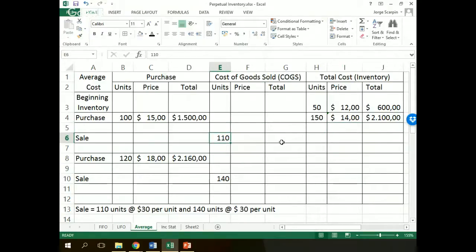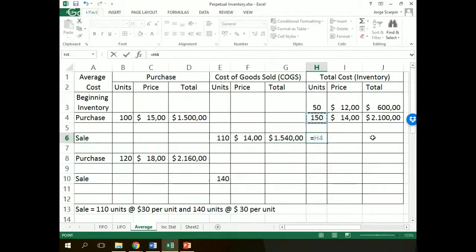Sale 110, we have 150 on our inventory. So 110, we take out with our average price, $14 total, 110 times 14, $1,540.